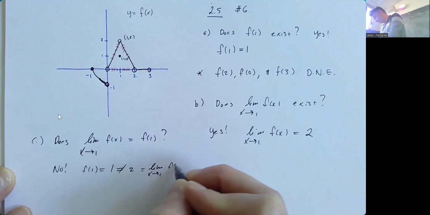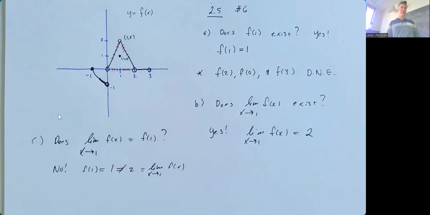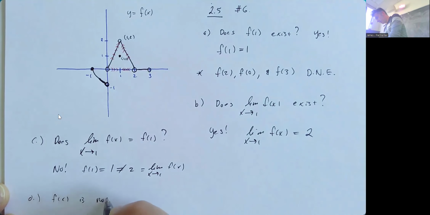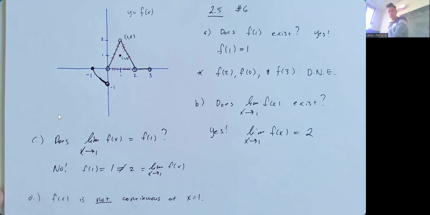So then part D asks, is the function continuous at 1? And obviously the answer is no. F of x is not continuous at x equal to 1, because although the limit existed and the function existed, they failed to be the same.